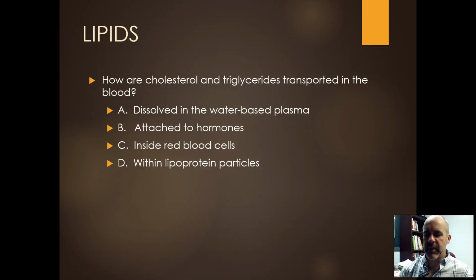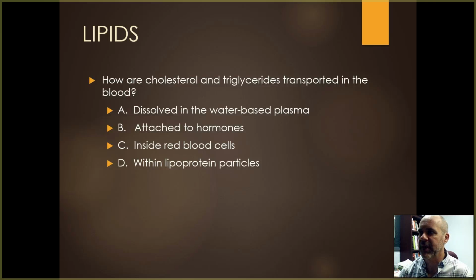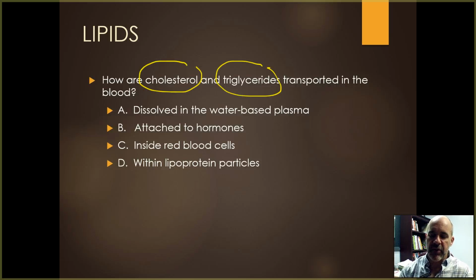All right, a little bit more about blood lipid. This gets into some terminology that we hear a lot about in healthcare and our own personal health as we get older. How are cholesterol and triglycerides transported in the blood? All right, cholesterol and triglycerides both fall into what organic molecule category? Hopefully you're thinking lipids. And then what's special about lipids?